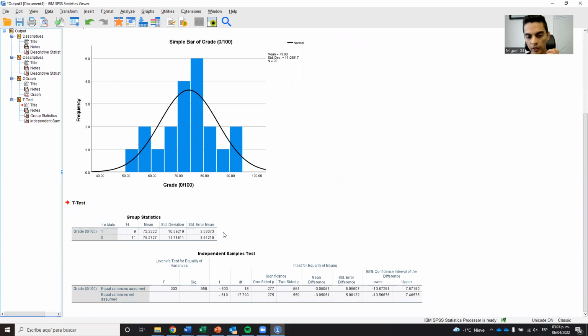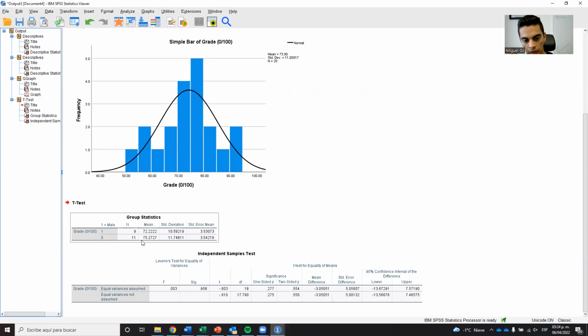So first, and I think this is really nice, it shows you the group statistics. So first thing, you can see from the group statistics that the males have a lower mean, a lower average on their grade compared to women. So the first conclusion is that men and women in this sample have different grades.